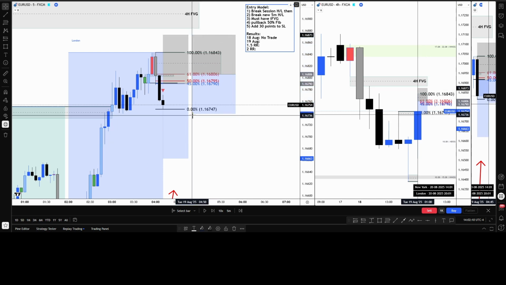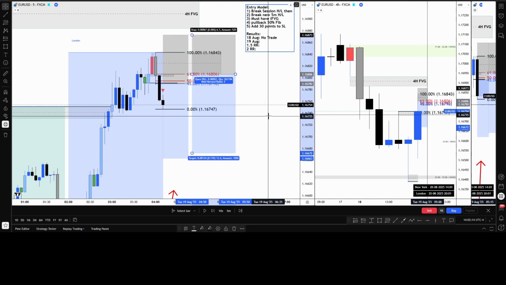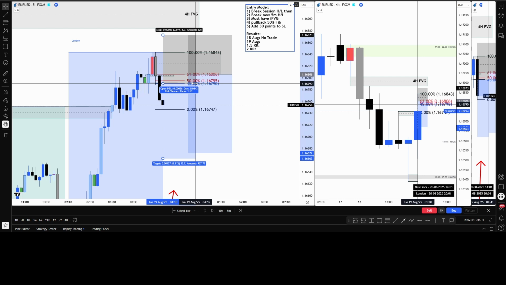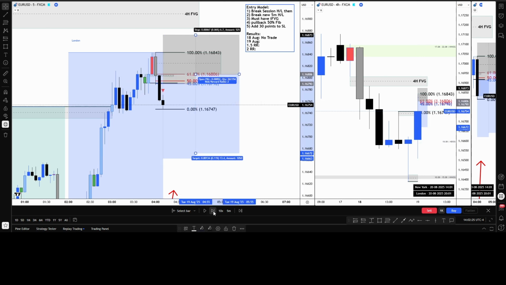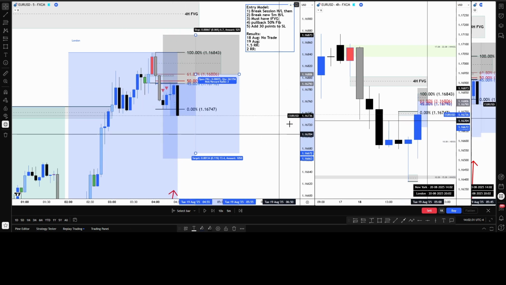There's our stop loss, and I go for 1 to 2 risk reward on that trade. I'm running this experiment on a personal account to see how it goes. Alright, let's move forward. Price actually tapped us in here on this trade.